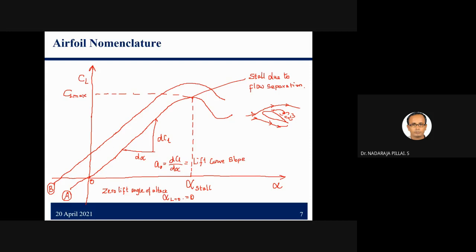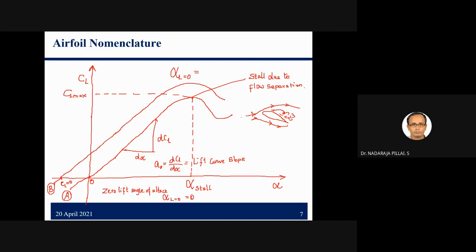Okay. Now, what happened at CL here? Now here also the CL is equal to 0. So for the unsymmetrical airfoil, alpha at L equal to 0 is equal to what?